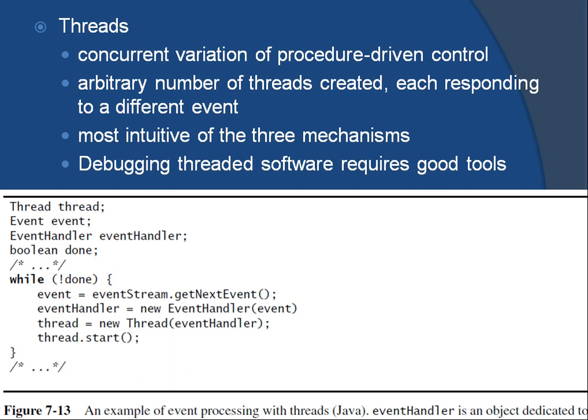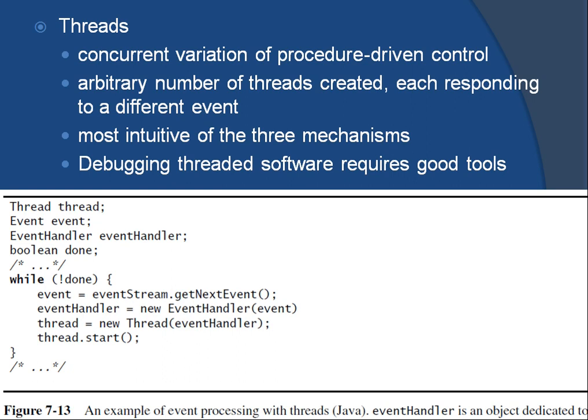Looking at threads, as we know, a thread is a simple set of functions, a particular component which is active at that particular time. We call it a thread. Threads are a concurrent variation of procedure-driven control.